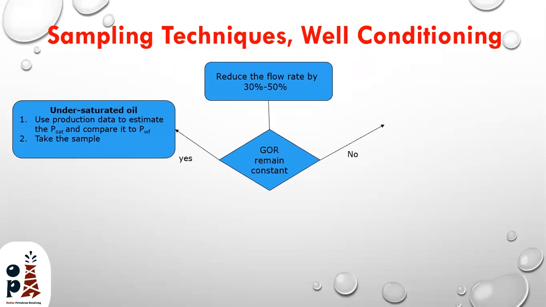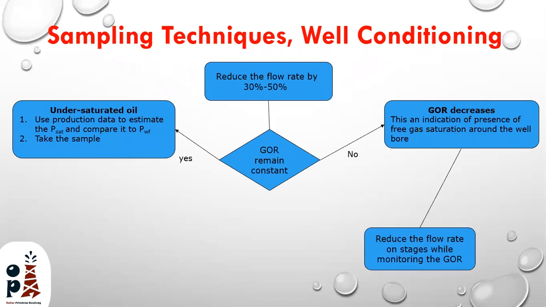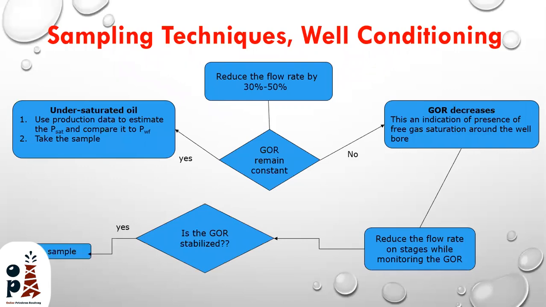If the GOR is not constant, we can reduce the flow rate again. If the GOR stabilizes, we can take the sample. If the GOR is not stabilized, we can again reduce the production flow rate and see if the GOR is stabilized. We can also reduce the flow rate to minimize the drawdown from the reservoir.